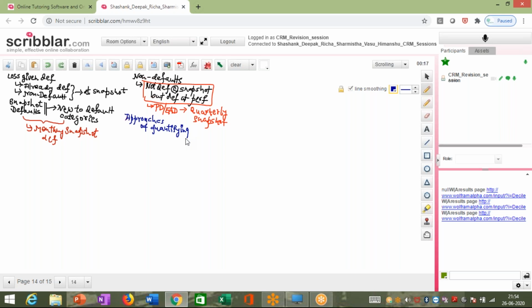One is the fixed horizon method, and the second method is the cohort method.